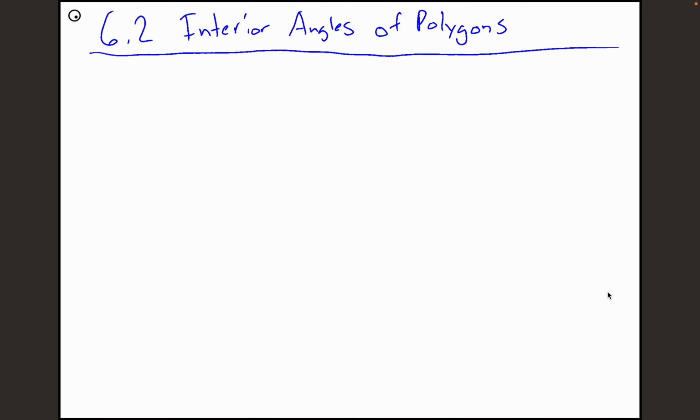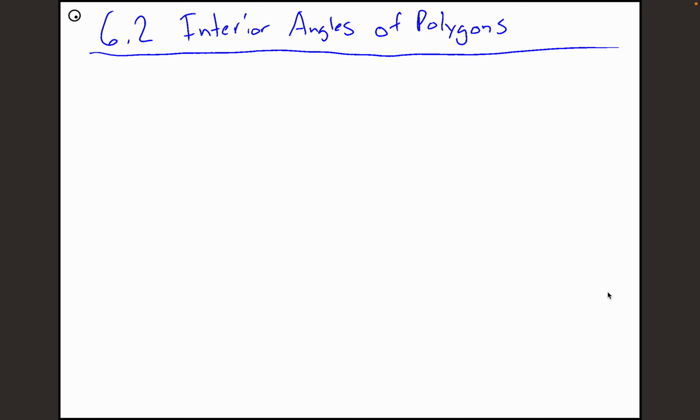Now, when we're doing the interior angles, those are the inside angles of a polygon. Based on the amount of sides, it's different for each polygon. What was it for a triangle? What did all the interior angles add up to equal? 180 degrees. Okay. What this is, is the equation that we're going to use to solve.